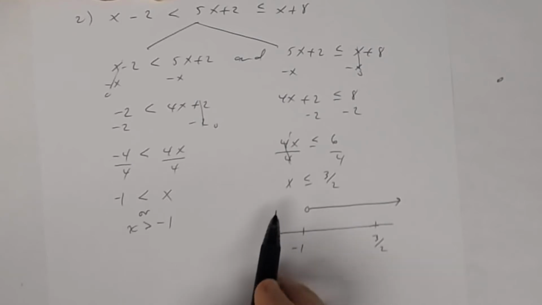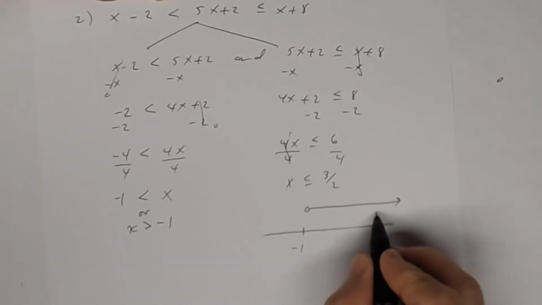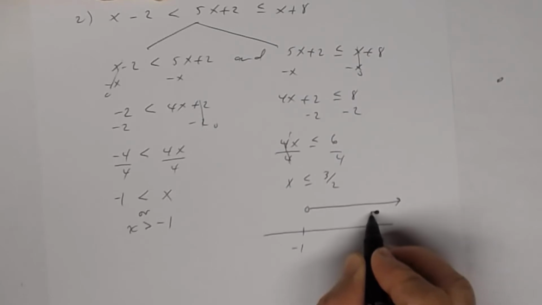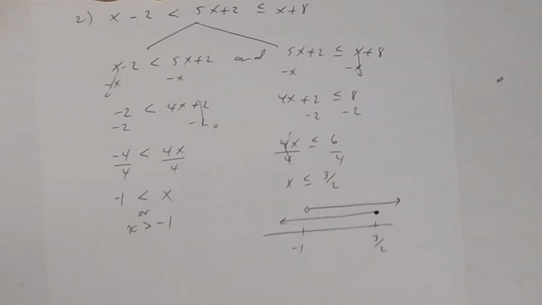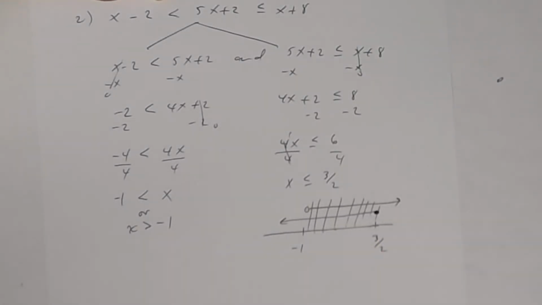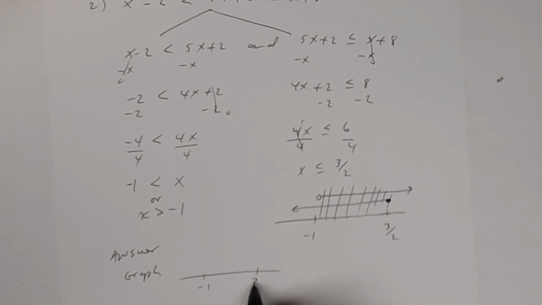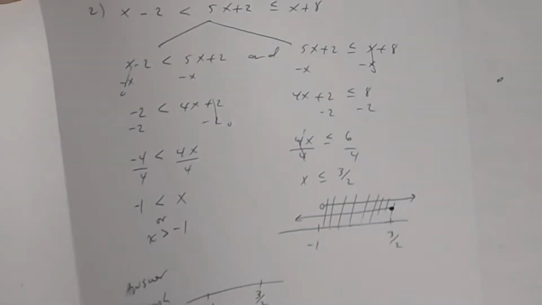And at the same time, any real number less than or equal to 3/2, closed circle, to the left. So it's the intersection of those two. That's the solution to this compound inequality. So therefore, your answer, in terms of the graph, will be negative 1, 3/2.